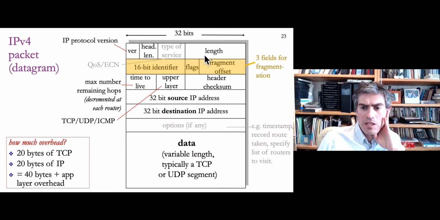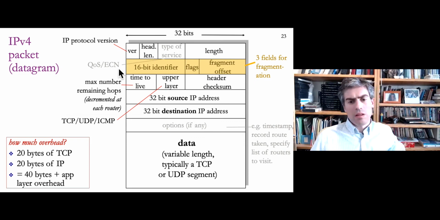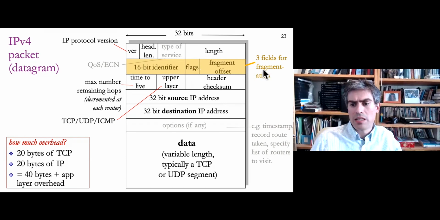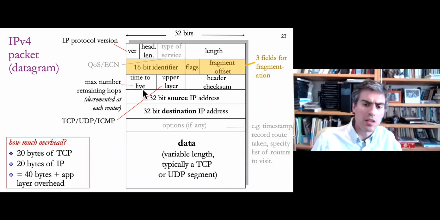There's some information about the length of the data that's coming, the length of the header as well, because that can vary. There's an optional part down here, which may or may not be included, so there's a length here to indicate that. There's a set of 4 bytes here in yellow for fragmentation. I'll talk about that in the next slide, so let's not dwell on that yet.